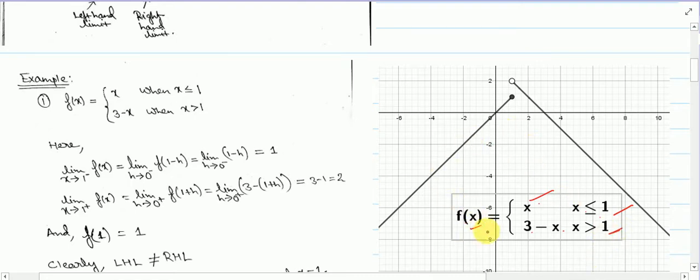When I try to draw this graph, I start here, plot the points and get the graph, and as I reach here, I have to lift my pen in order to continue drawing the graph. So once I lift my pen, discontinuity is encountered.